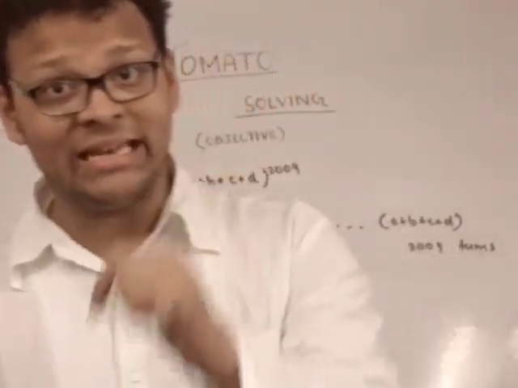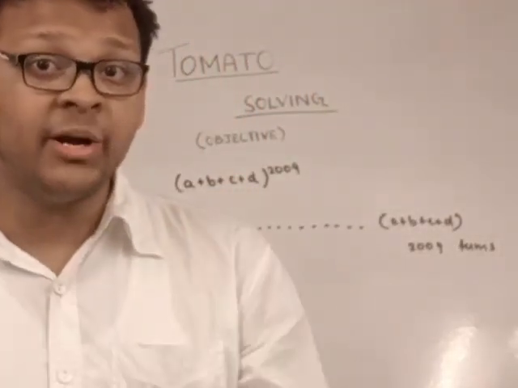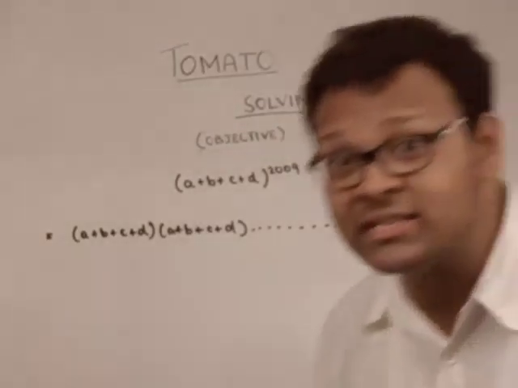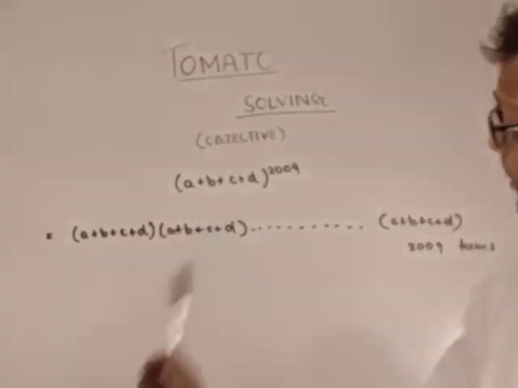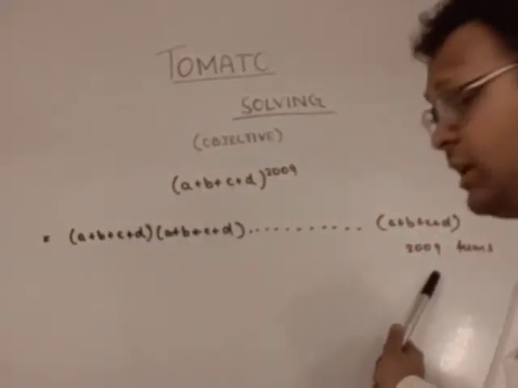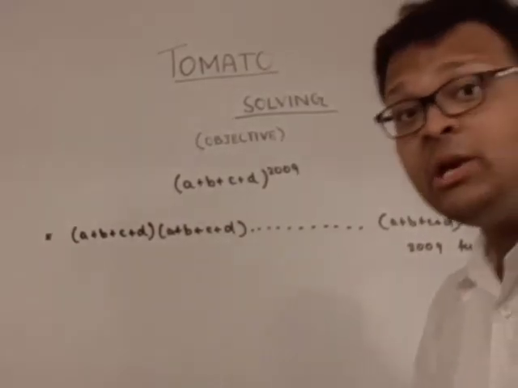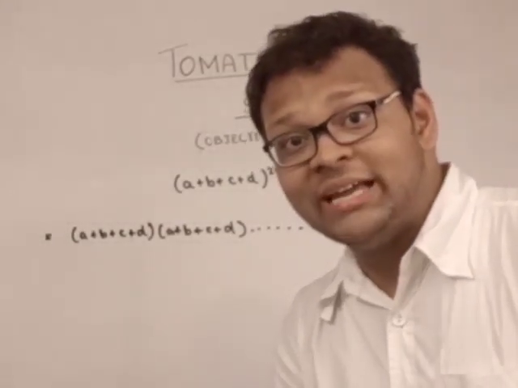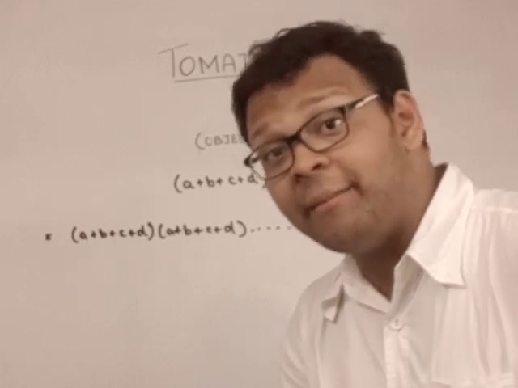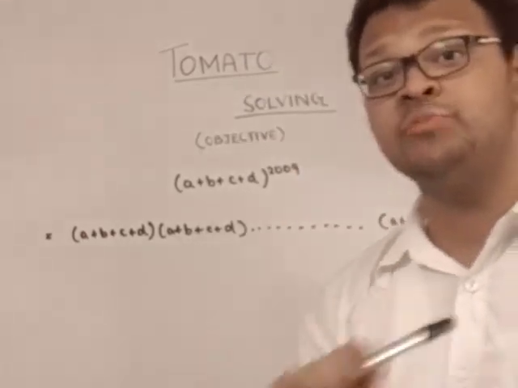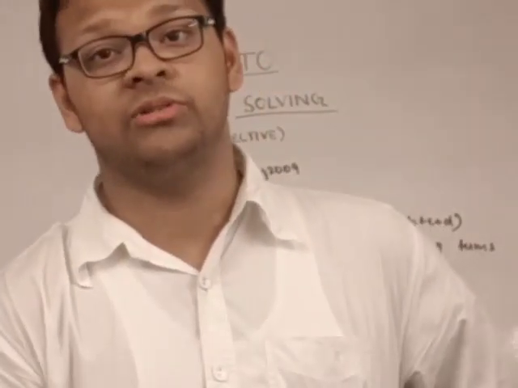I hope you didn't get this, so let me repeat it. Get this concept very clear: the number of terms here, 2009 terms, is equivalent to the number of ways in which you can distribute 2009 balls in 4 boxes. Why?